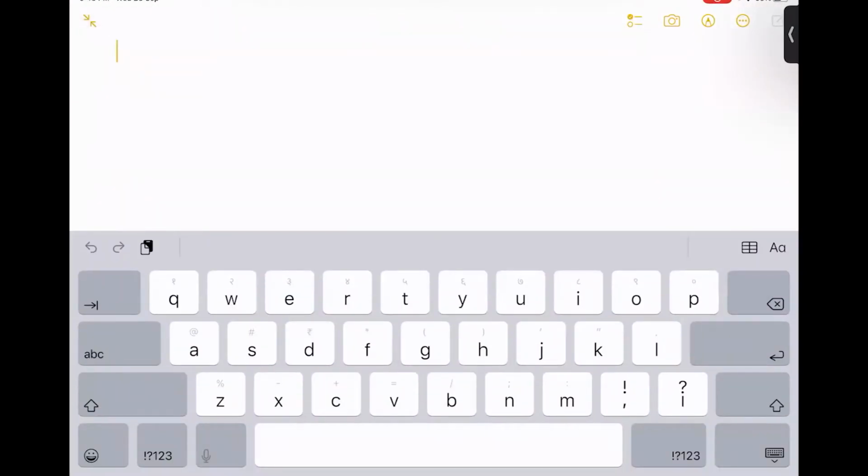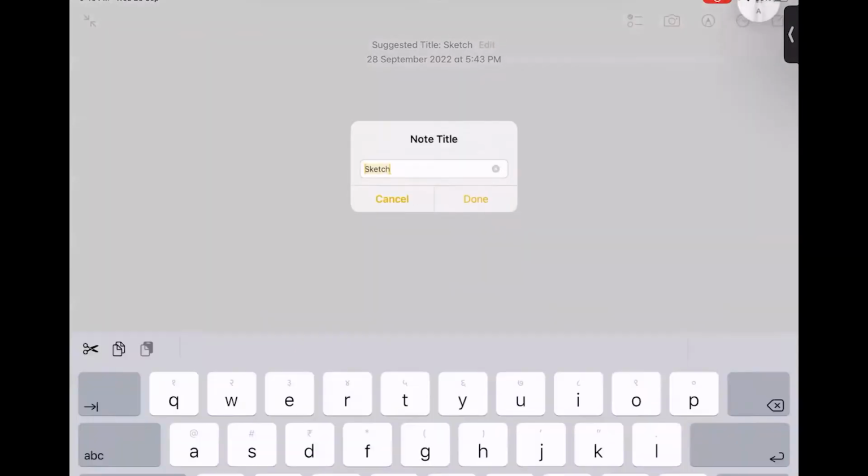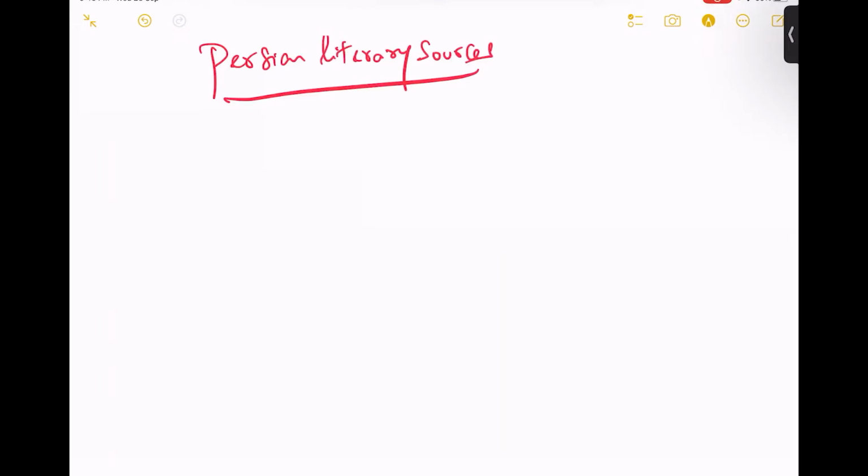So break down the question like this: Persian literary sources, how they are reflecting the spirit of age in medieval India.